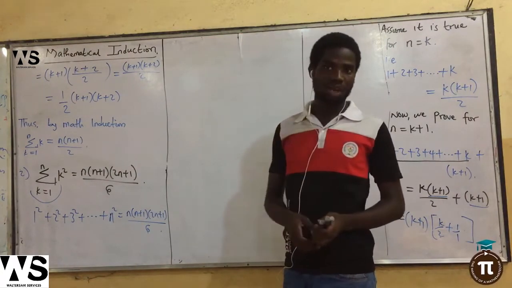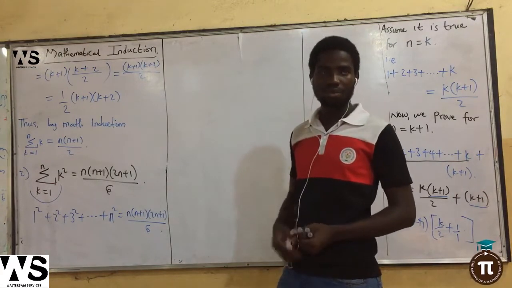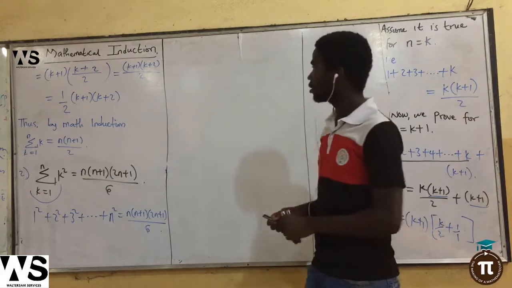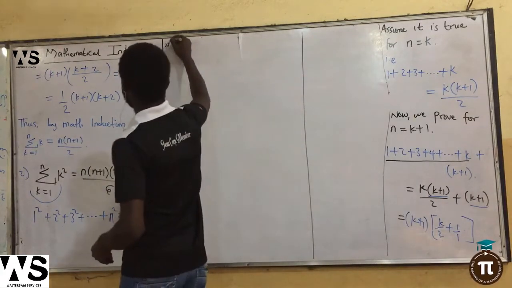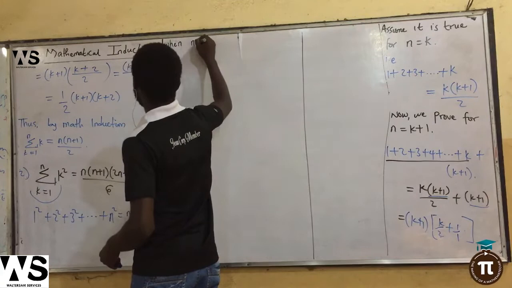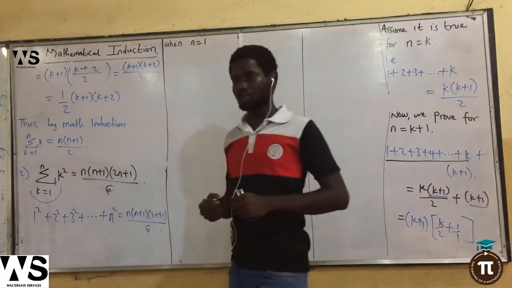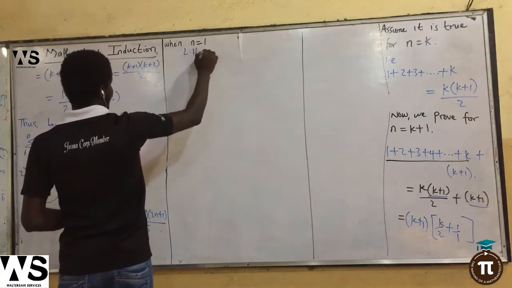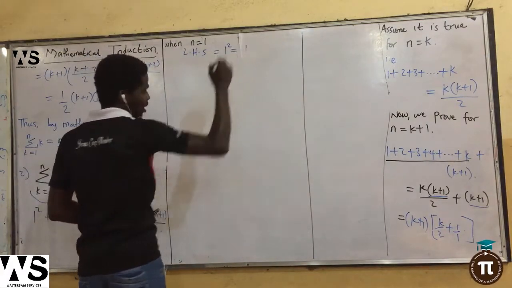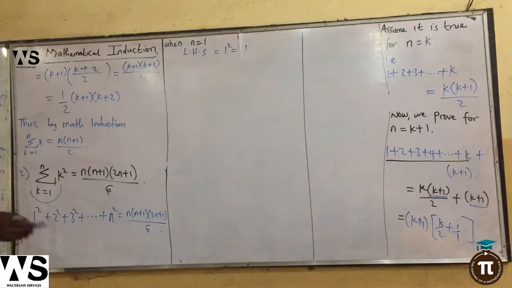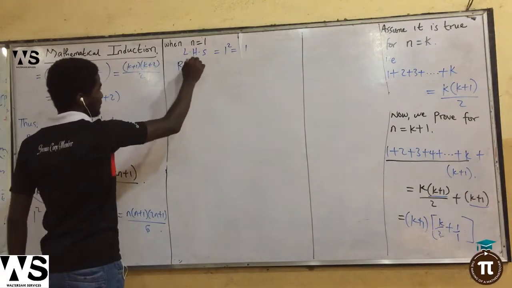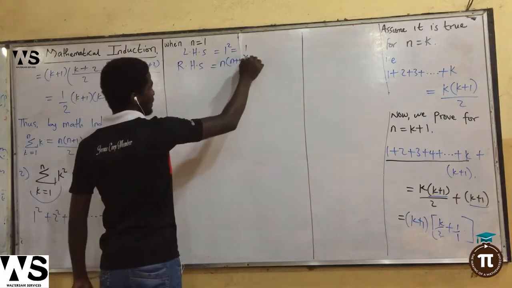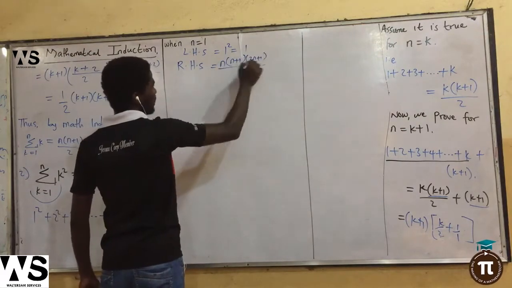So now, what happened is that we'll prove for n equal 1, right? Proof for n equal 1, proof for n equal 2, and not like that. So when n is 1, what happened to the left hand side? That's very correct. What happened to the right hand side? n plus 1, 2n plus 1 divide 6.